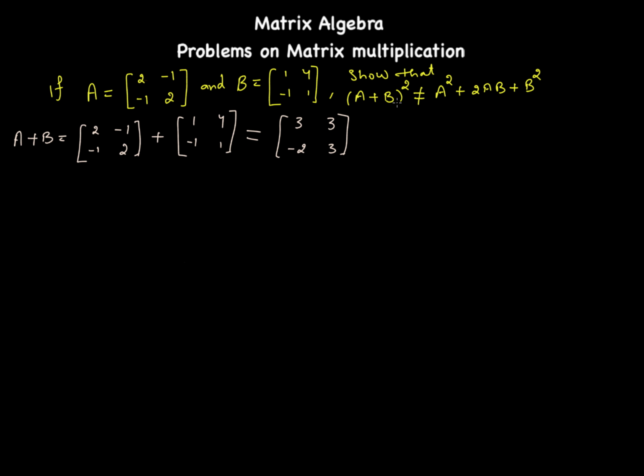So this is the sum of these two matrices. Now we're going to find the square of A plus B, which is basically multiplying this matrix by itself. So (A plus B) squared is going to be [3, 3; -2, 3] multiplied with itself, [3, 3; -2, 3].